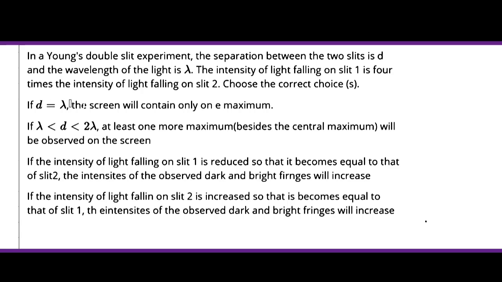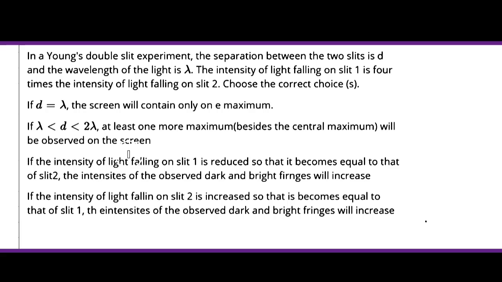Choose the correct options. If d is equal to lambda, the screen will contain only one maxima. If d is greater than lambda and less than 2 lambda, at least one or more maxima besides the central maxima will be observed on the screen.